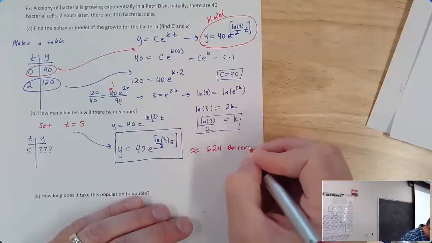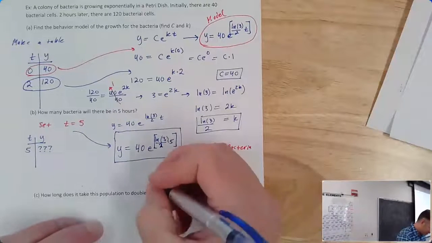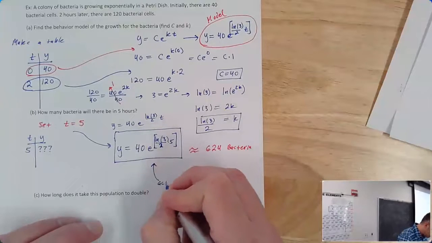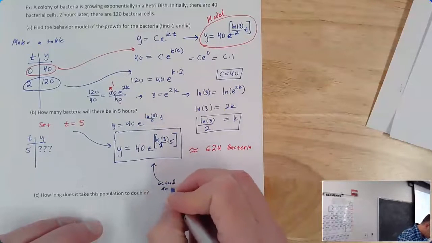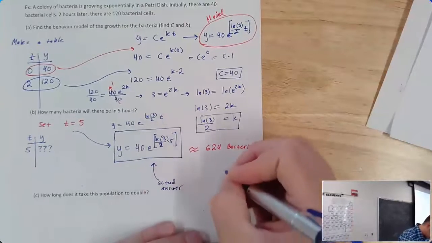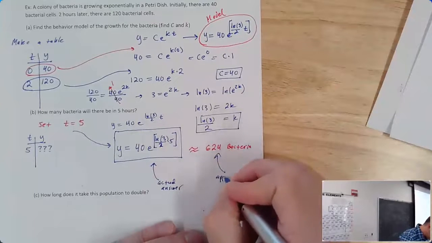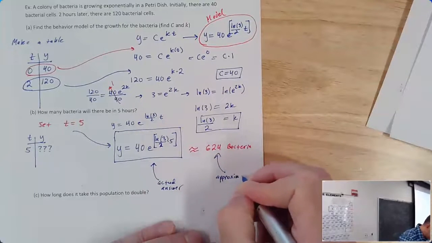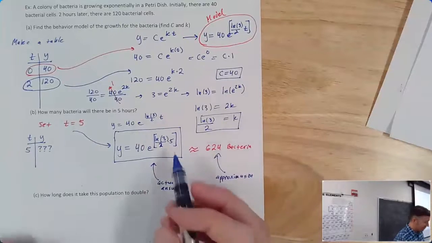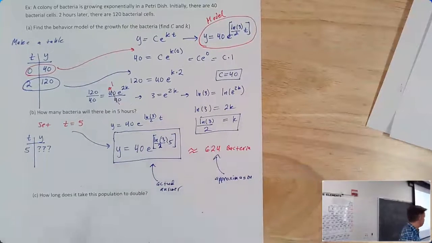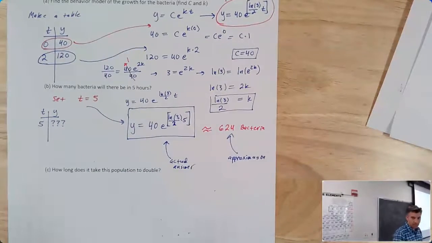But I will tell you, this is the actual answer, and this is just the approximation. So if someone says to give them an exact answer, they mean this first thing, not this second thing, even though the second thing is more useful.